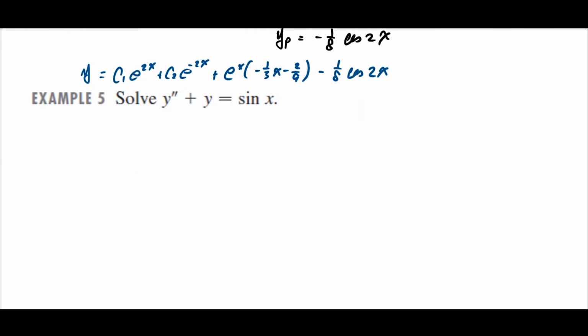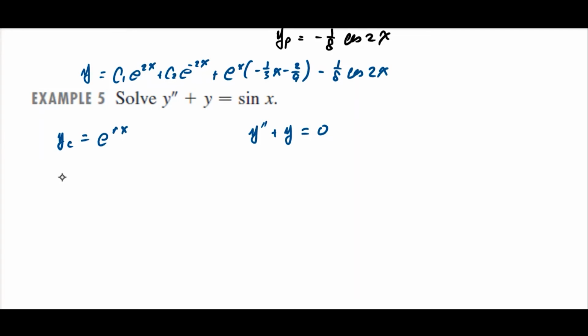Okay, this one, I did this part yesterday, but I will do it again. So first we will try to solve the homogeneous part, this part. So we're going to try the common solution, e to the rx.